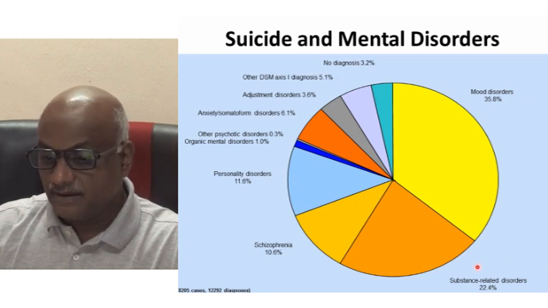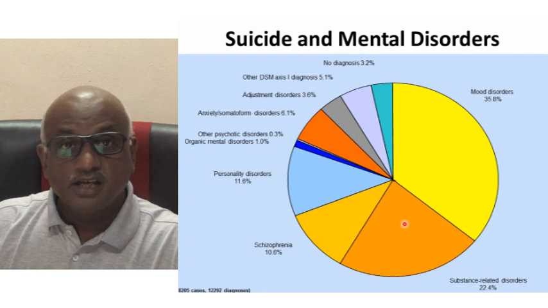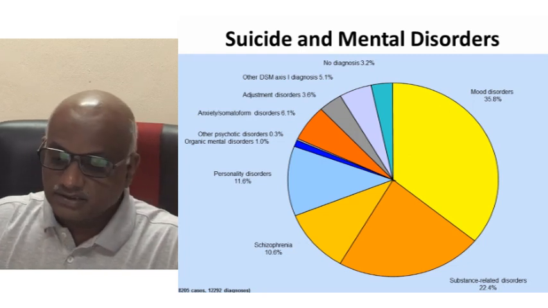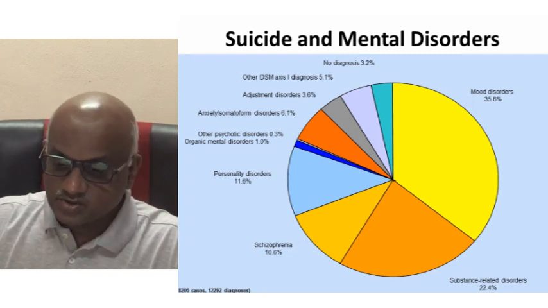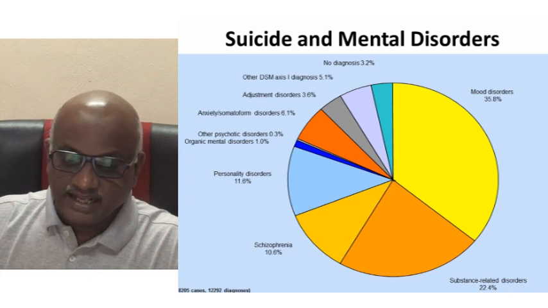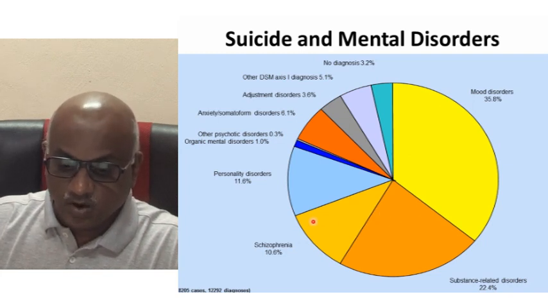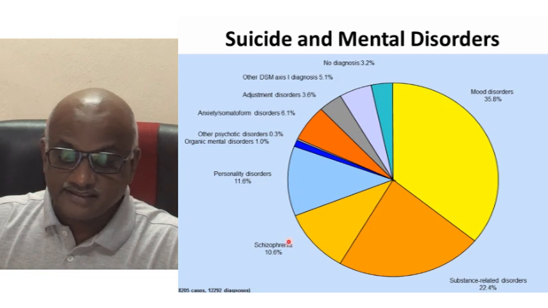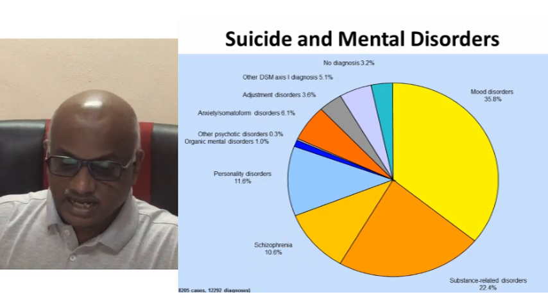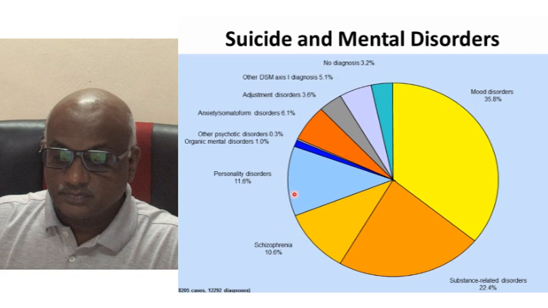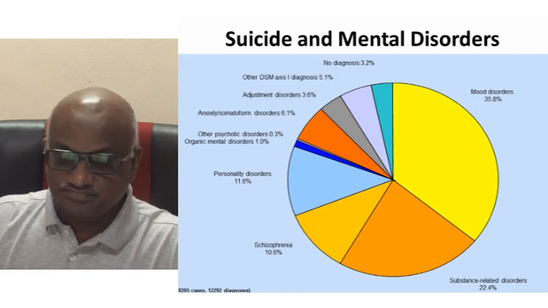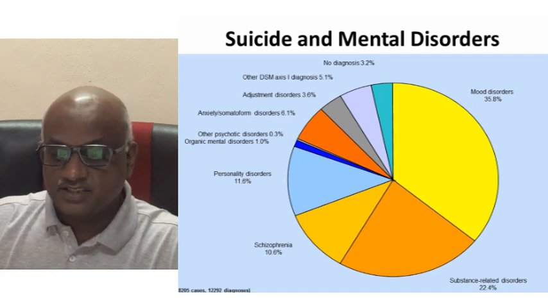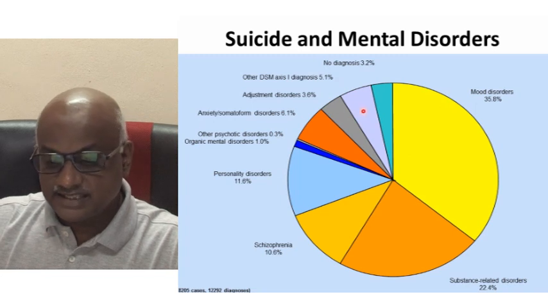As you can see here, alcohol and drugs play a very important part, and in our society, it's a problem. And then comes schizophrenia, accounting to about 10.6. Then personality disorders come. Then other anxiety, somatoform, adjustment disorders, and other diseases come.